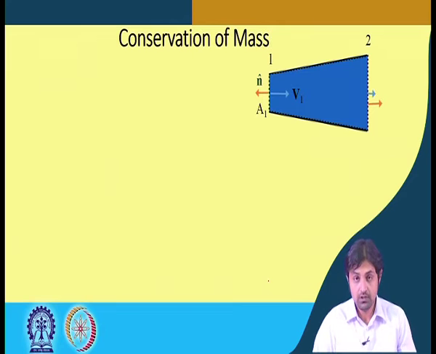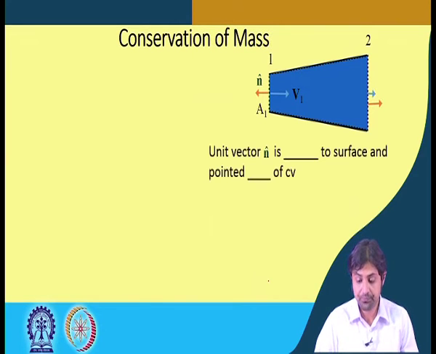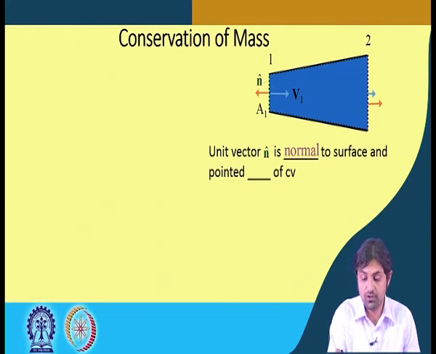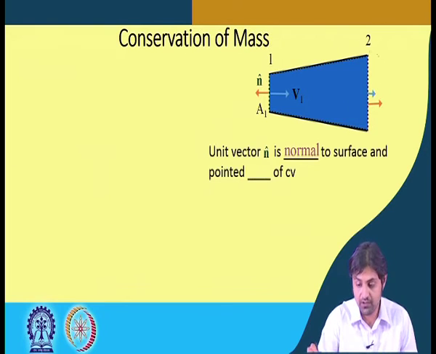So now we are going to see, so unit vector n here is normal to the surface. So this is the surface 1, which this is normal, and on the surface 2 it is in this direction.